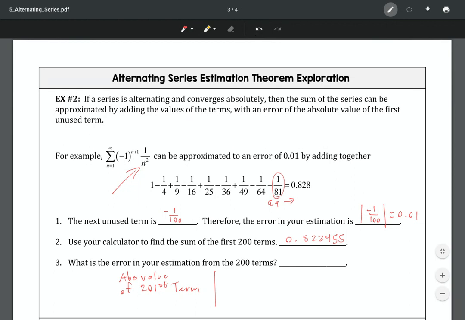Negative 1 to the power of 202 divided by 202 squared. And that would give you your estimated error, which is the one that they're looking for here. 0.000025. That's what you get.